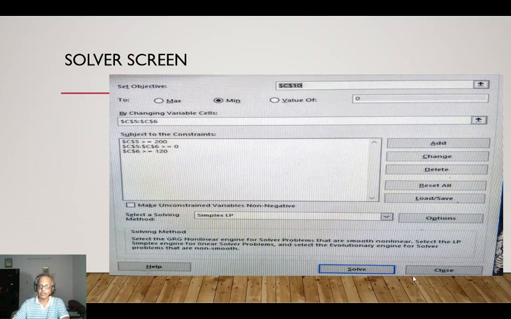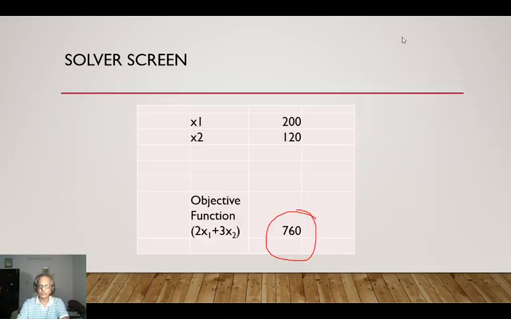So if you solve it, you will get the objective function as 760, with x1 equal to 200 and x2 equal to 120. So the minimum hours would be 760. If you keep below 760, then you will have to sacrifice either x1 or x2. So that is how goal programming comes into the picture.